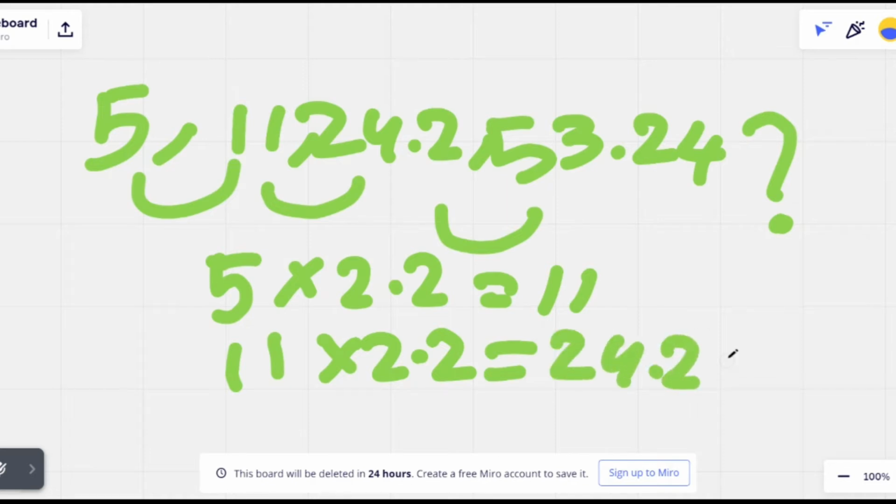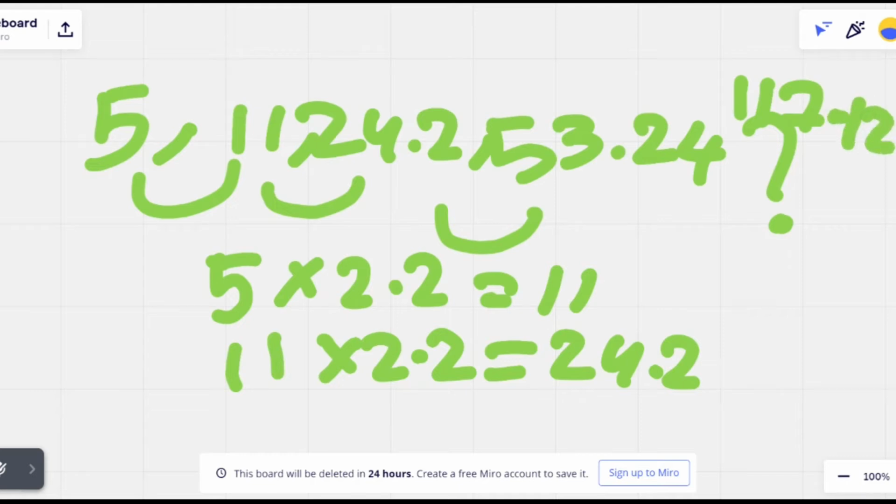In the same way, 53.24 is 2.2 times 24.2. So we need to find 53.24 times 2.2. You can calculate, and the answer is going to be 117.128.